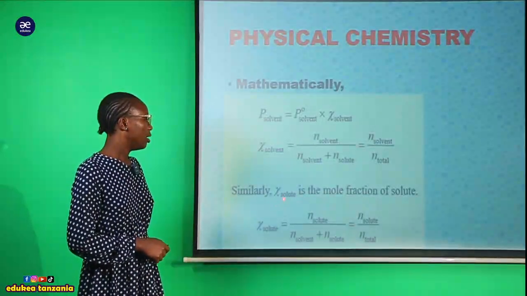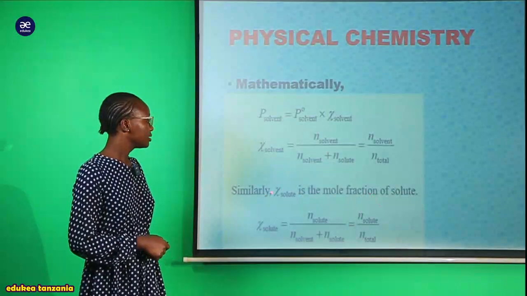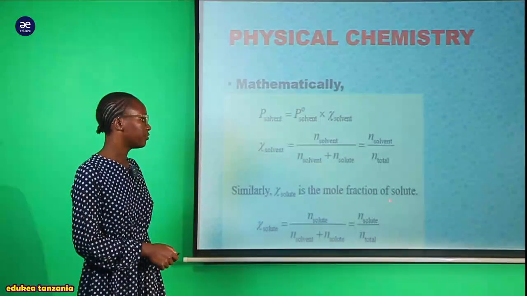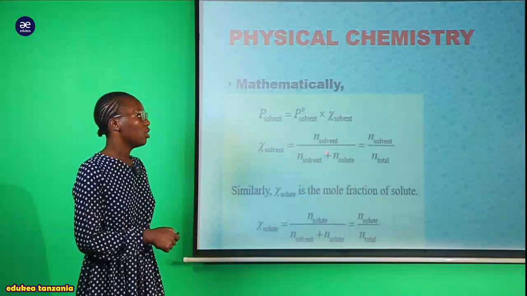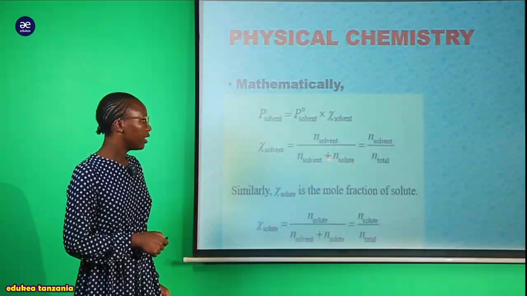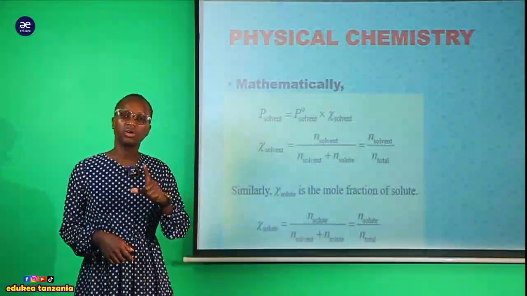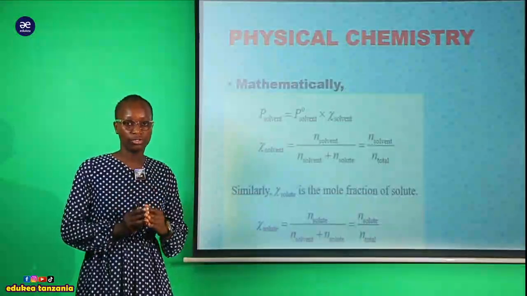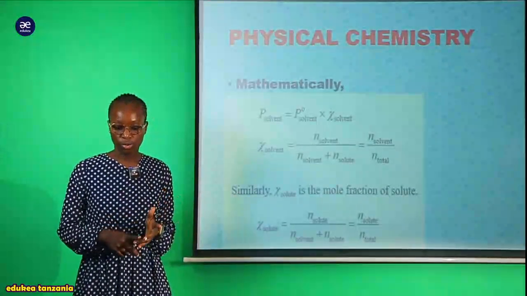But similarly this one is the mole fraction of the solute. Kumbuka hapa tulikuwa tunaongelea ni mole fraction of the what, of the solvent. So can you see that hapa tunaangalia the summation ya solute and solvent, kwa sababu tunaangalia kitu kama kwenye solution. Kumbuka ndani ya solution tuna vitu viwili, solvent na solute.